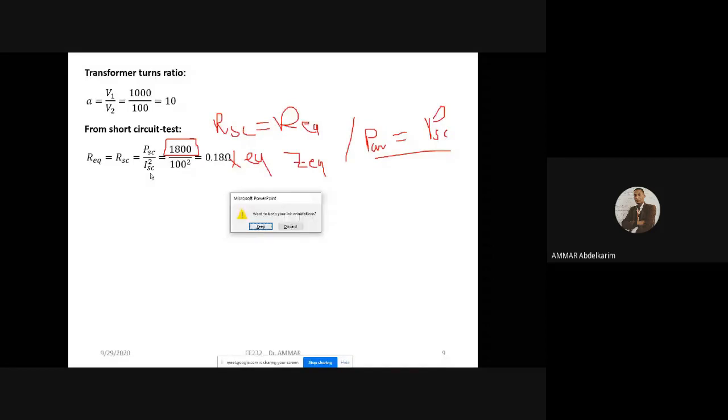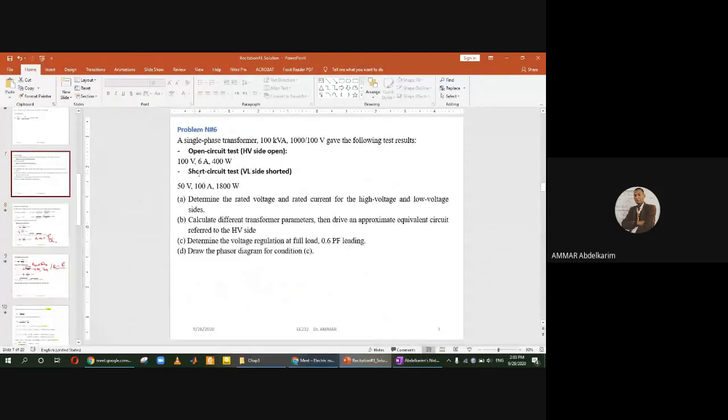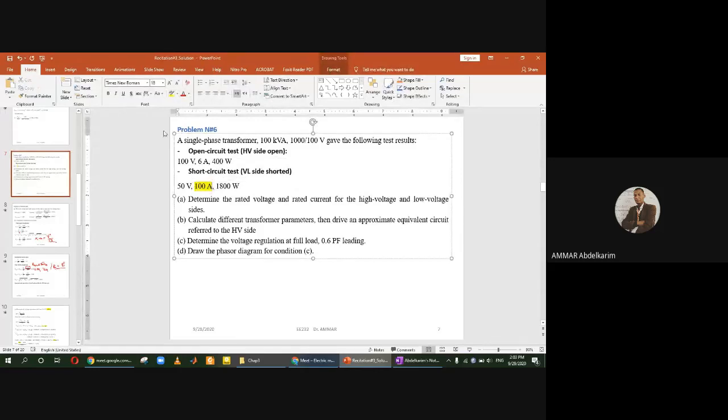before proceeding, let's go back to the measurement data. So here the short circuit test has been done in what? The low voltage side is shorted. So the test has been done in the high voltage side, and the rated current of the high voltage side is 100.